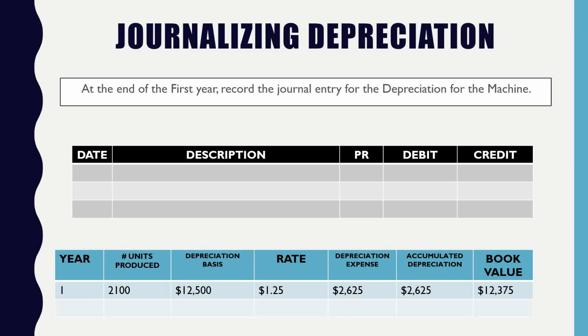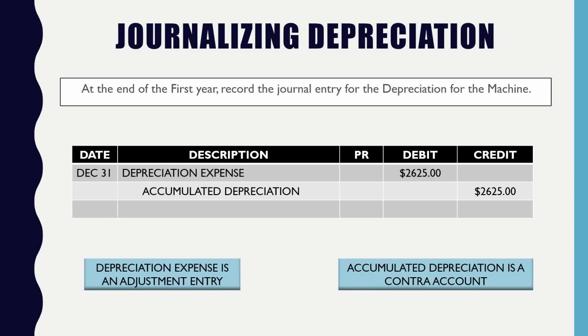So in this case, I'm going to be recognizing two accounts: depreciation expense, which is given, and a contra account, which is called accumulated depreciation. This accumulated depreciation is a contra account to the actual fixed asset.